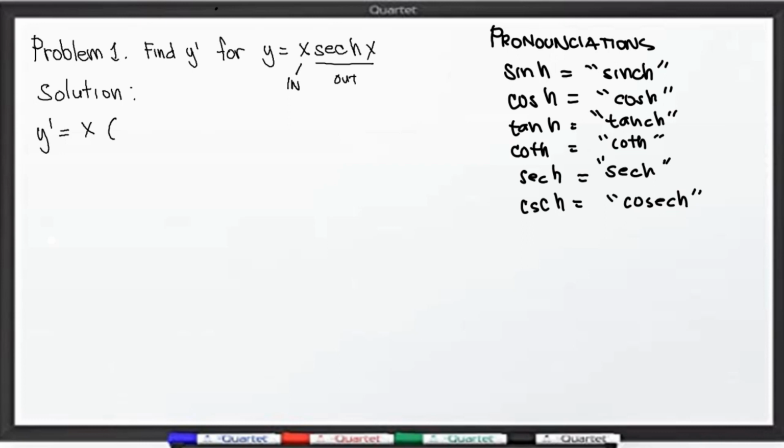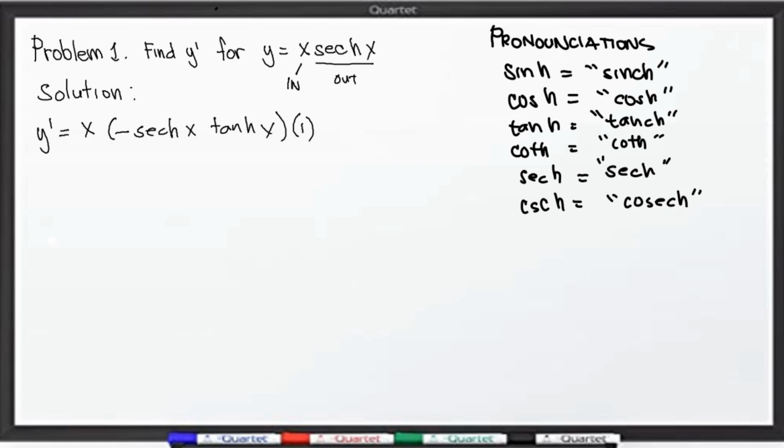Ano nga po ba ang derivative ng sec u sa trigonometric function? Ang derivative po nun ay sec u tan u du dx. Ganon din po dito, sabihin po nating sech x tanh x pero negative, and then we multiply by du dx, which is 1.